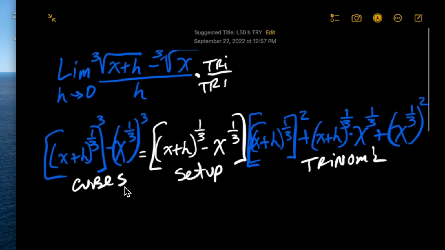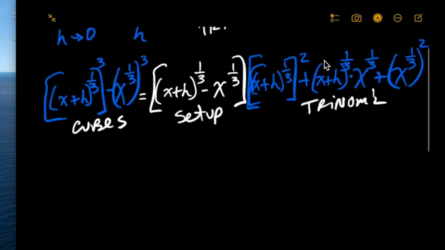This limit gave us the setup. I just rewrote this as fractional exponents. Using the setup, we created the difference between two perfect cubes. All we did was cube a and b. We also took the setup and created our trinomial. Our plan now is to multiply the top and bottom by the trinomial after we simplify what we have.